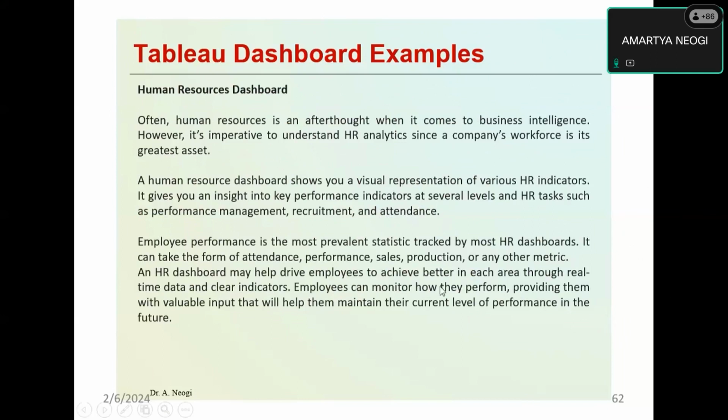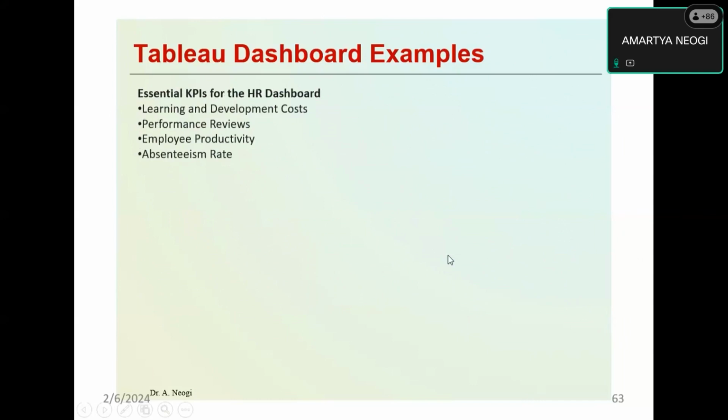The employee management dashboard has this type of KPI, key performance indicators, like employee productivity, absenteeism rate, performance review, learning and development cost. That means if an employee is given some training, what is the cost incurred by the company and what benefit the company is getting. So that is what the company manager or the top executive wants to see.